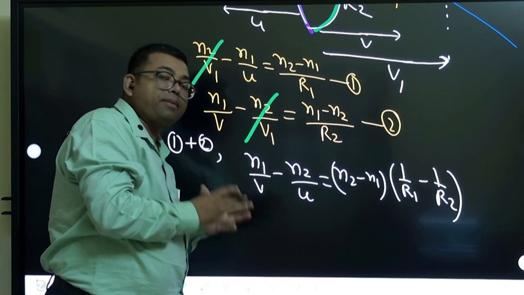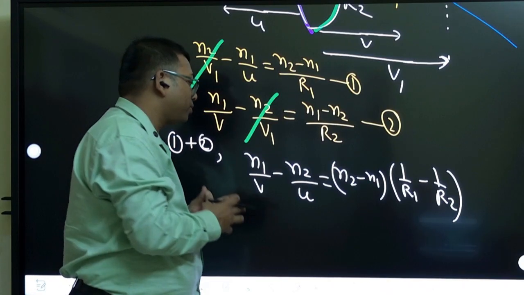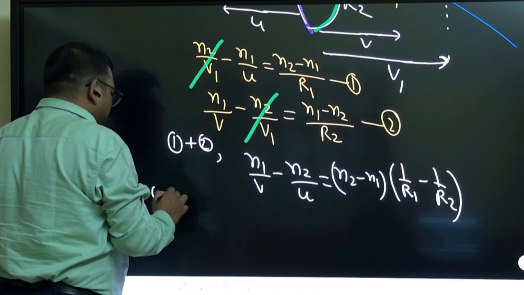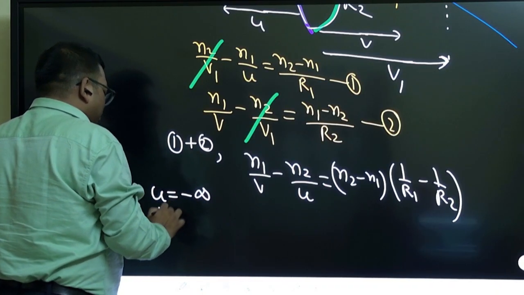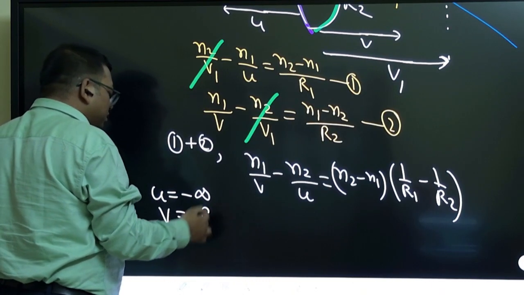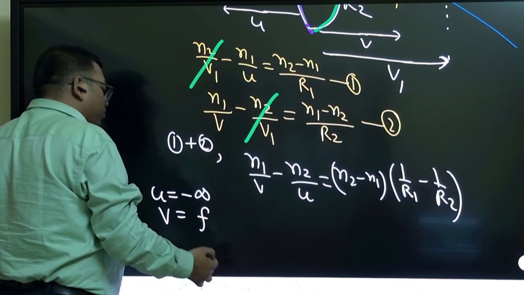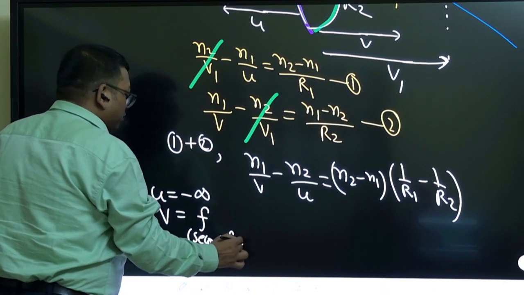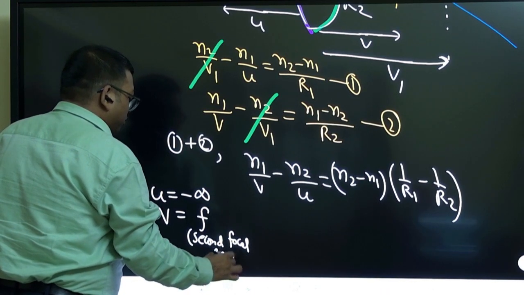This is absolutely correct, but I am going to take the object at infinity, minus infinity, then v will become equal to the focal length. Obviously this is the second focal length, which is f2.